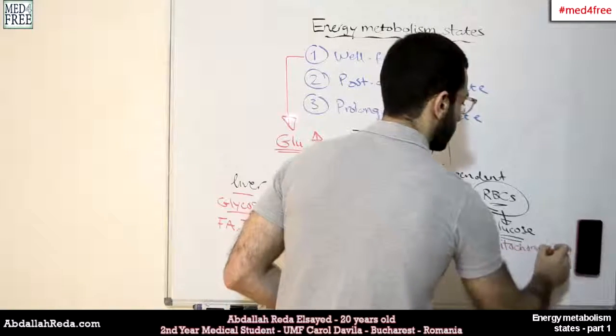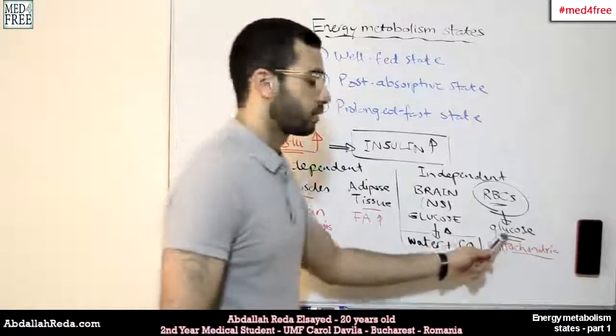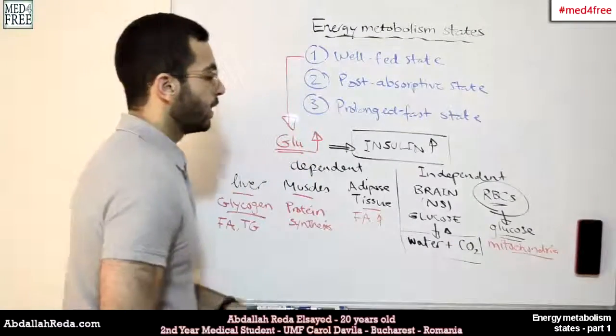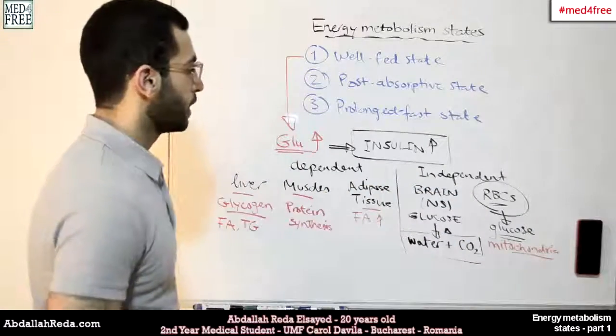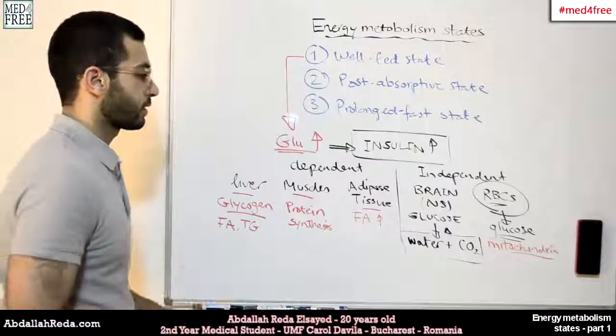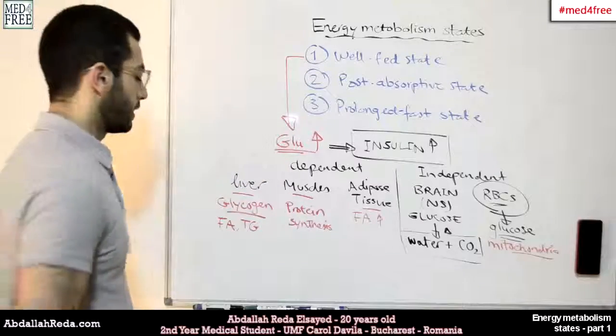So as long as the red blood cell has its own mitochondria, it will use glucose in order to reach its energy needs. It doesn't depend on insulin in one way or another, or any other kind of structure. So this was the well-fed state.